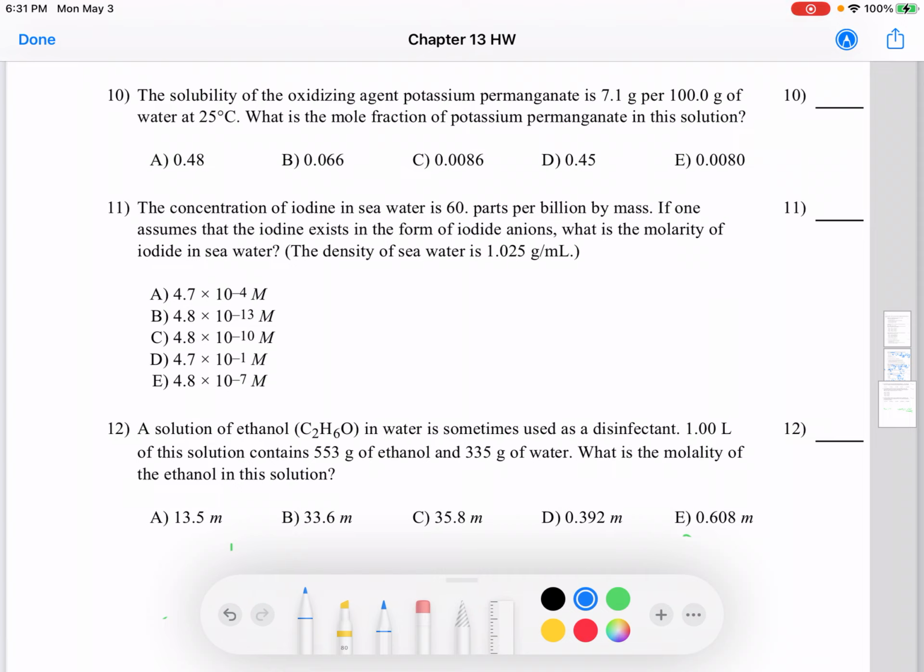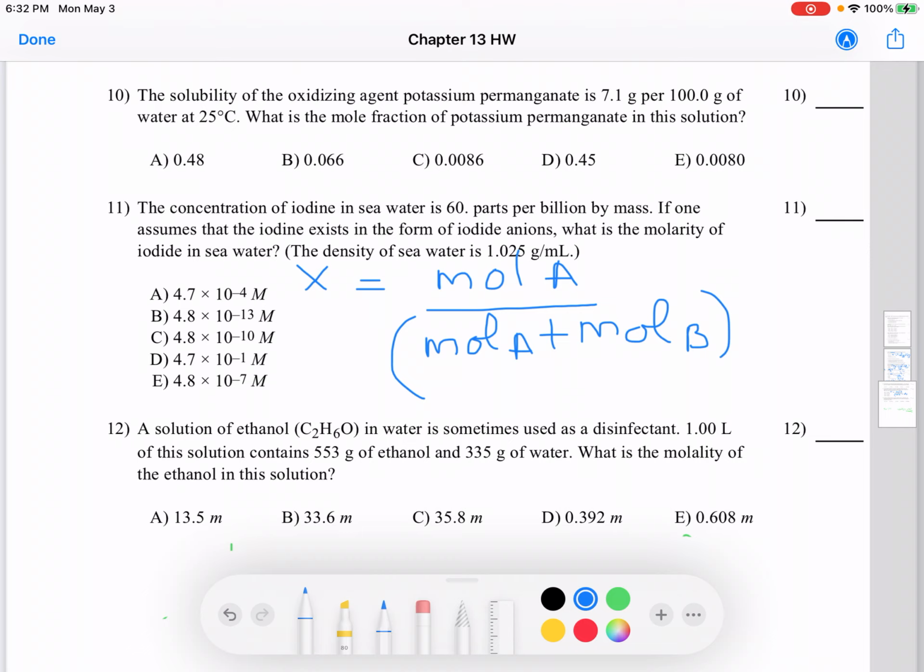So the mole fraction X is the number of moles of substance A that we are interested in, divided by the number of moles of A plus the number of moles of B. If you have another component, that would be the number of moles of C, like that.